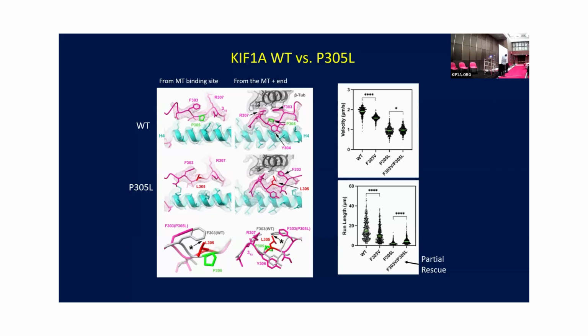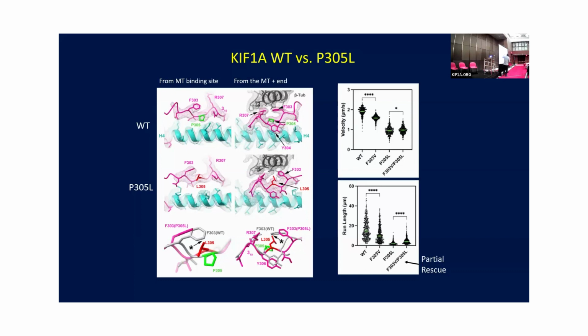And this is where the P305, the proline 305, is located in the wild type. So this is the structure of the wild type, and this is the structure of the mutant. And one thing is that the conformational change, or the structural change, is relatively small, a lot smaller than we had predicted.